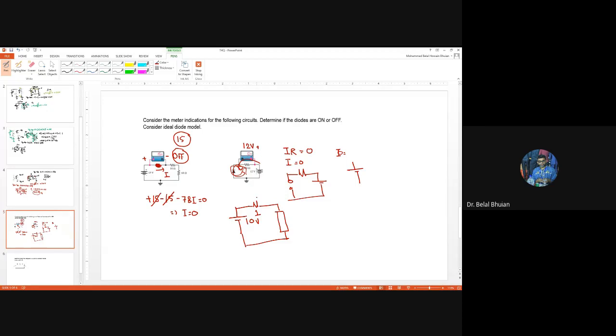And the resistance is 1K, and the voltage drop across the resistance is measured as 8.6 volt. So determine the diodes.